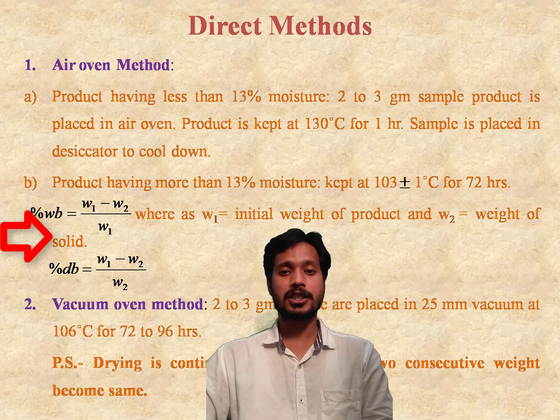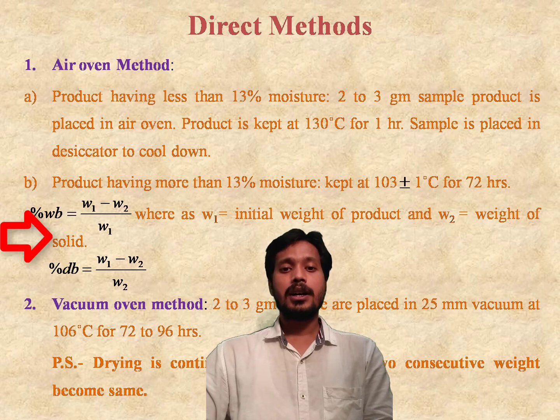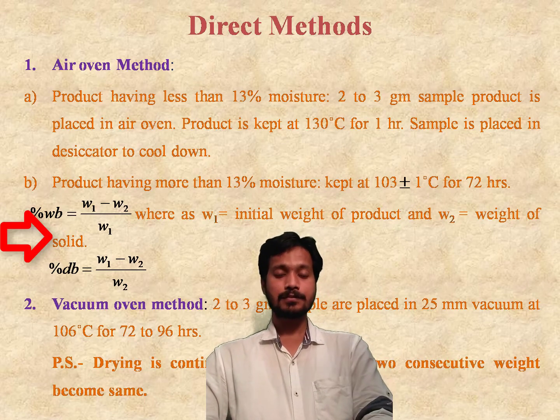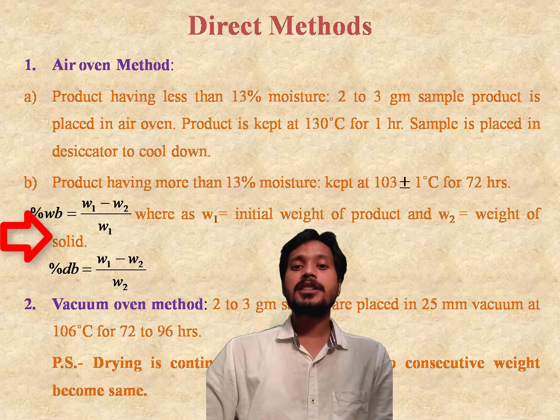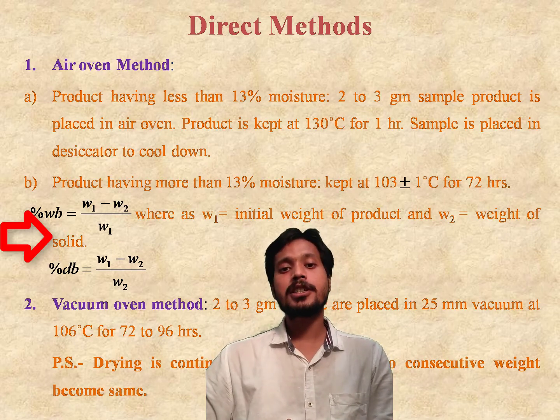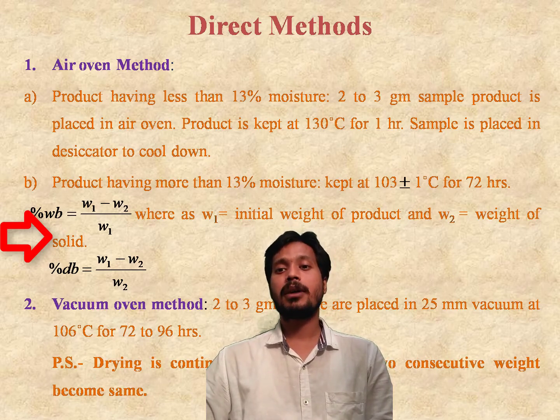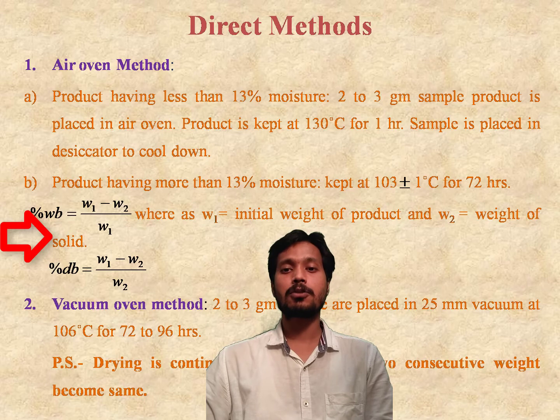There is no moisture available. So if we subtract these two values, we get mass of moisture. As per the weight basis concept, mass of moisture present out of total mass. That means initial mass is W1. So this is the formula, W1 minus W2 by W1.